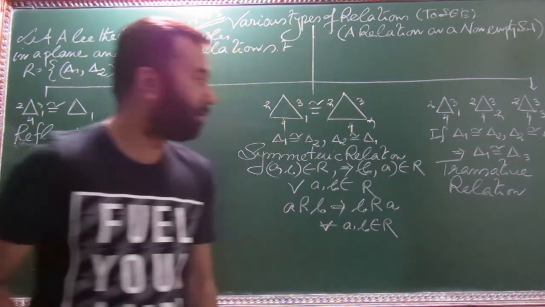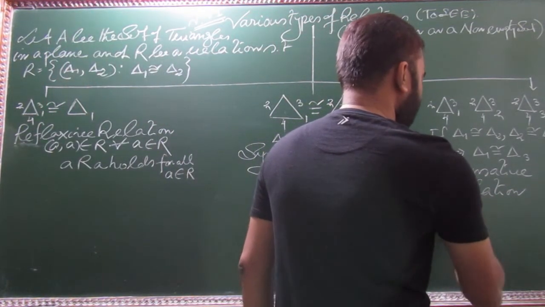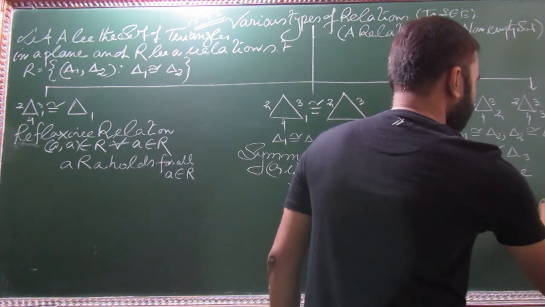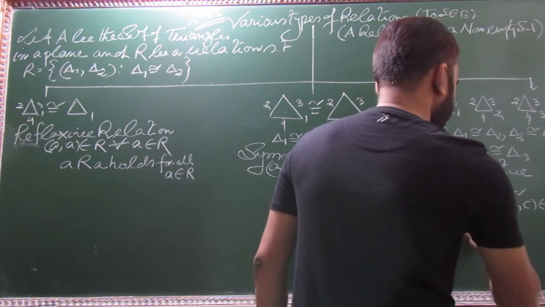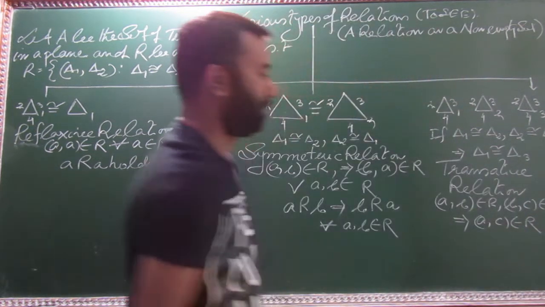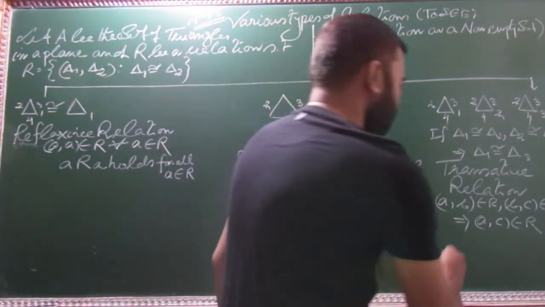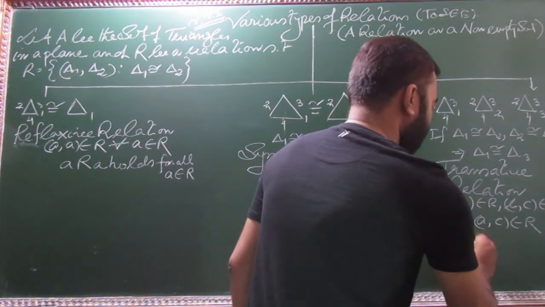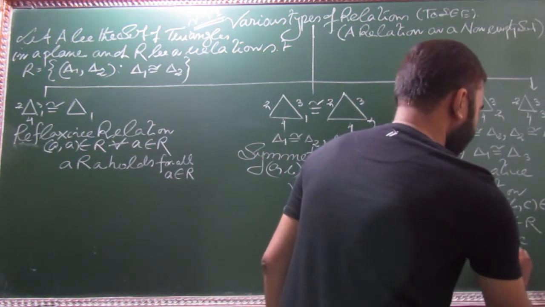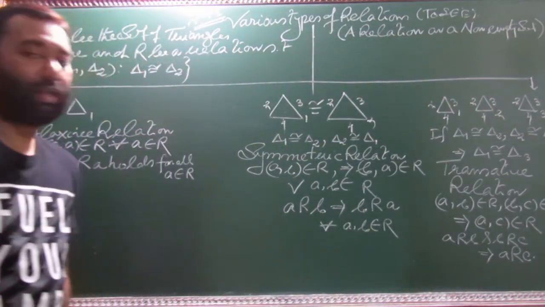So how can you explain it? A, B belongs to R, B, C belongs to R implies A, C belongs to R. Or if you want to write in the row notation, A R B and B R C implies A R C. Done.